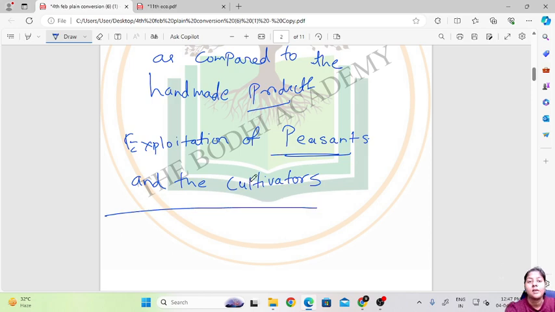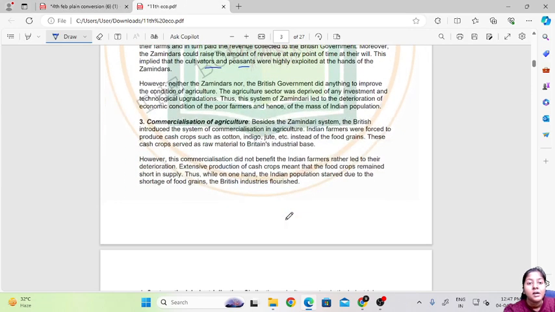However, neither the zamindars nor the British government did anything to improve the condition of agriculture. Even though the zamindars were paying a lot of revenue to the British, the Britishers didn't even try to improve the condition of agriculture or the condition of the farmers or the cultivators.